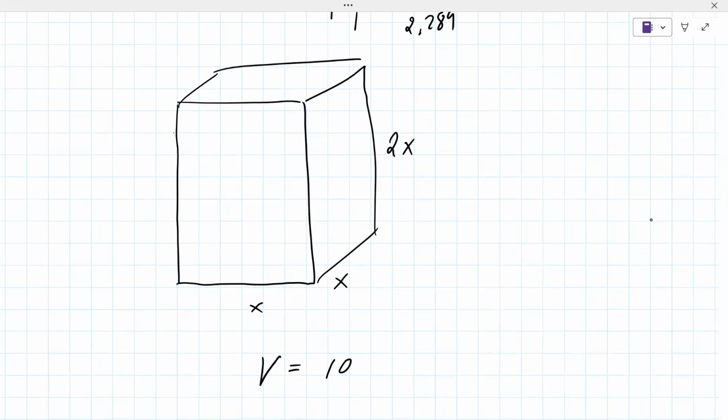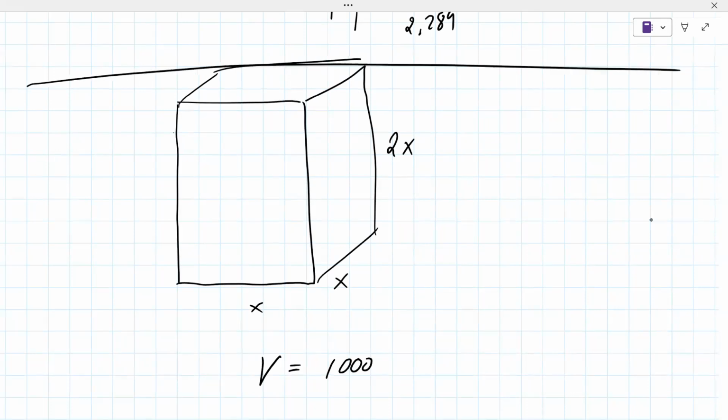I'll just say 1,000. It's kind of the same as all the other problems we're doing. You have to set up the equation, graph it, and then figure out what it's asking for.